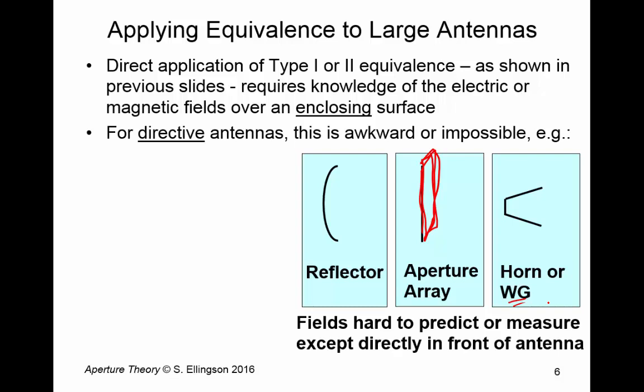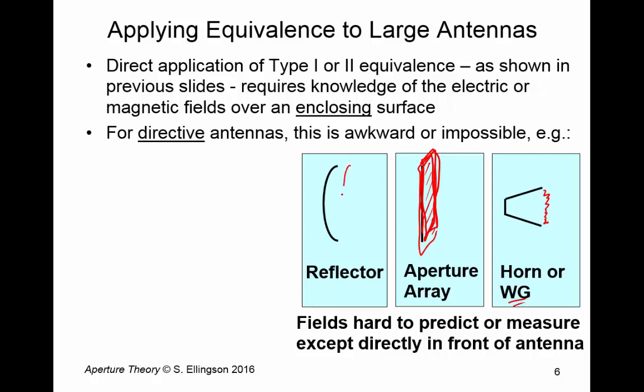In these 3 cases, the fields are very hard to predict or measure except directly in front of the antenna. In other words, for a horn, it's pretty easy to know what the fields are right here in the aperture, the radiating aperture of the horn. Similarly, in an aperture array, it's pretty easy to know, or we can at least estimate, what the fields are in the aperture.